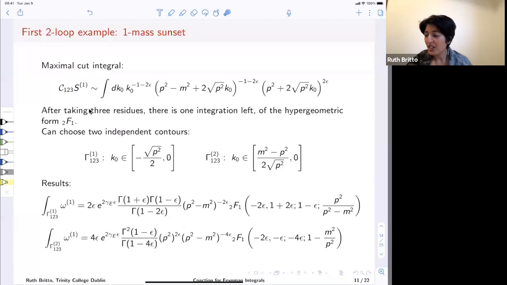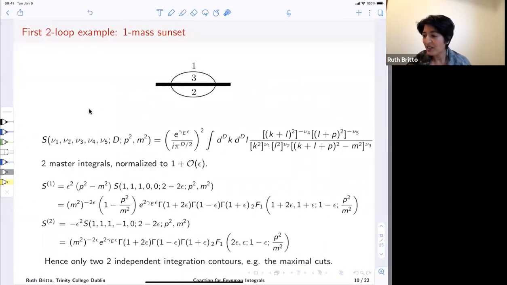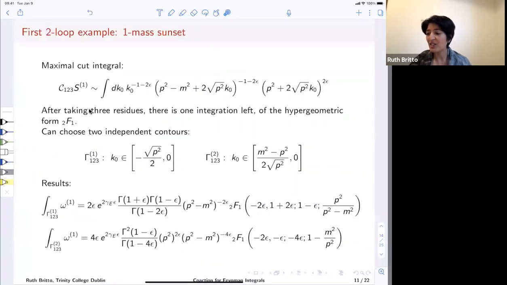If you consider the maximal cut, so you put all these three propagators on shell and start taking the residues. After taking three residues, you still have one integration left over this variable. And you can see directly, if you know the integral representation of 2F1, you'll recognize it here.